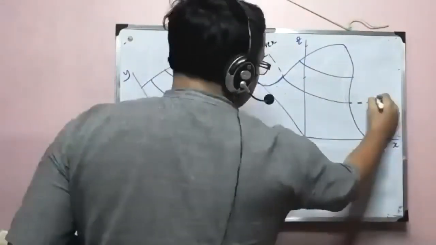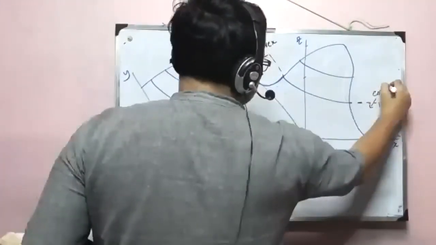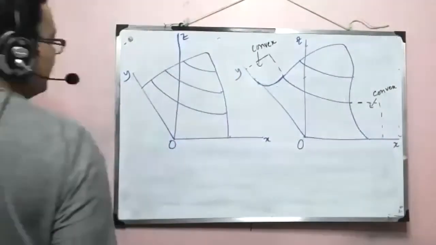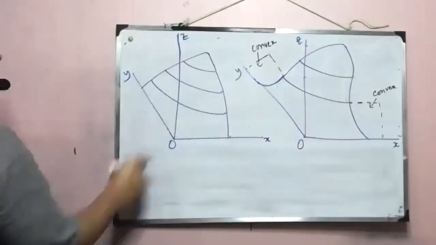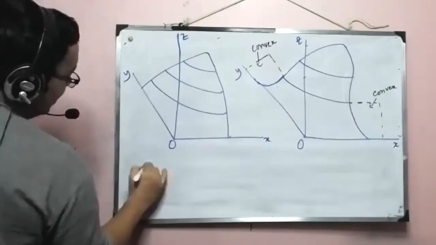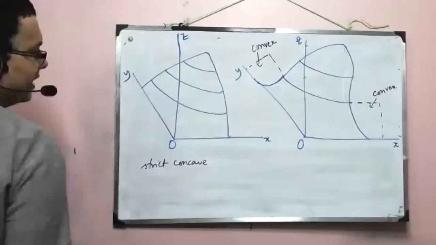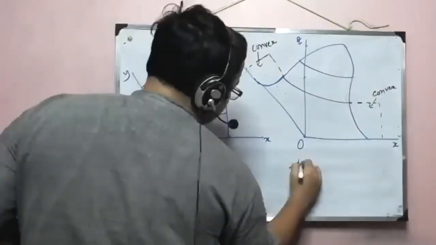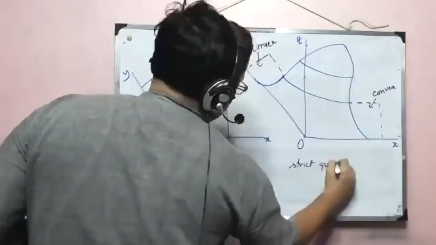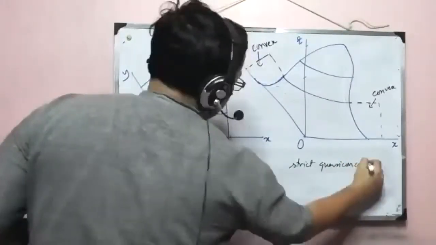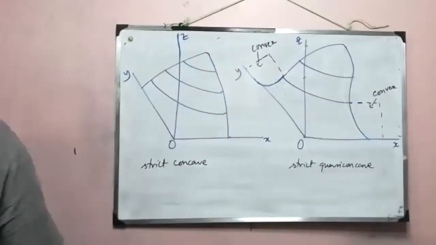So this one is also convex and this one is also convex. And this is something which is missing in this diagram. And that's what makes this diagram strict concave. And this is strict quasi-concave. Okay, so that brings in the difference.